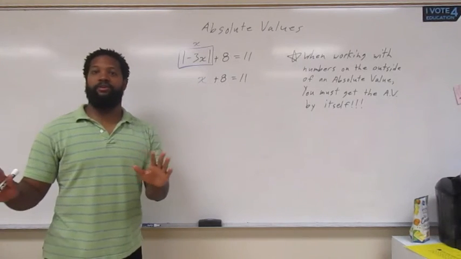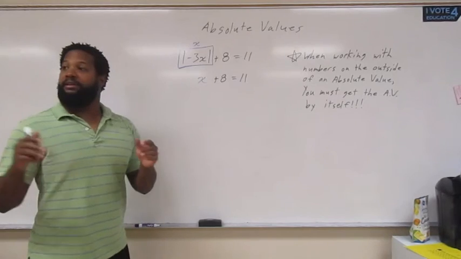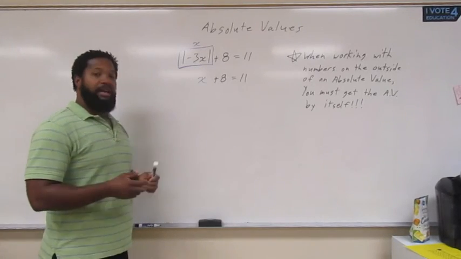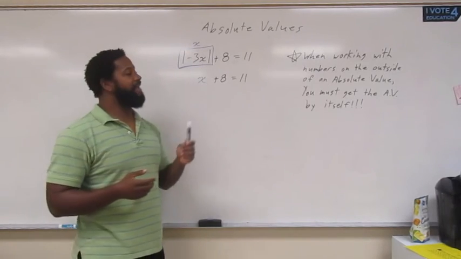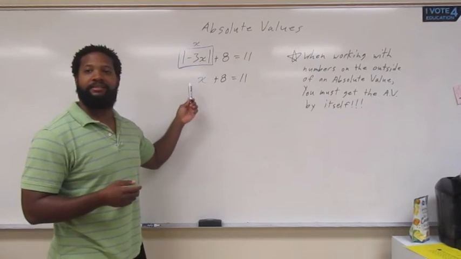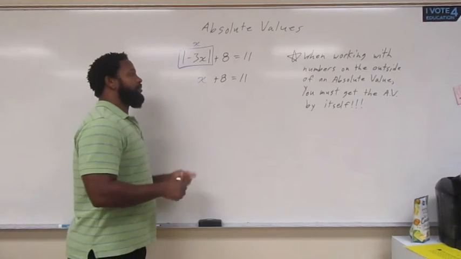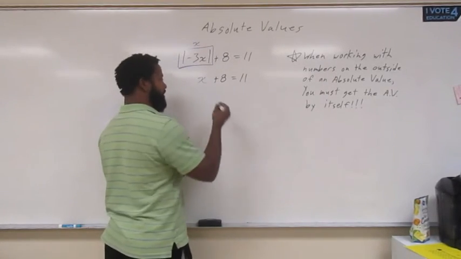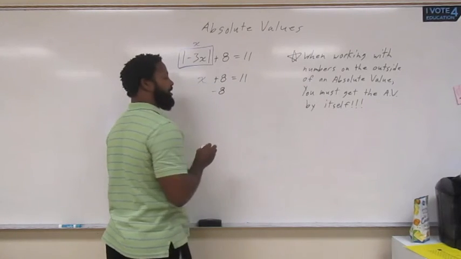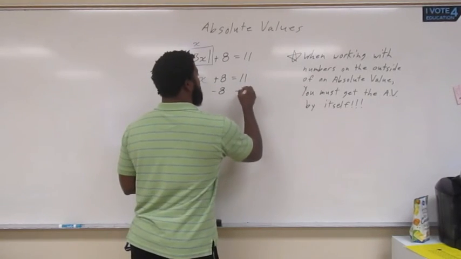Okay? Y'all still with me? Yeah. So, with me doing that, I just solve it regular, like we did with regular equations. I get my x by itself, okay? What kind of 8 is that? Positive. So, opposite of, yes. What you do on one side, you must? There you go, right?